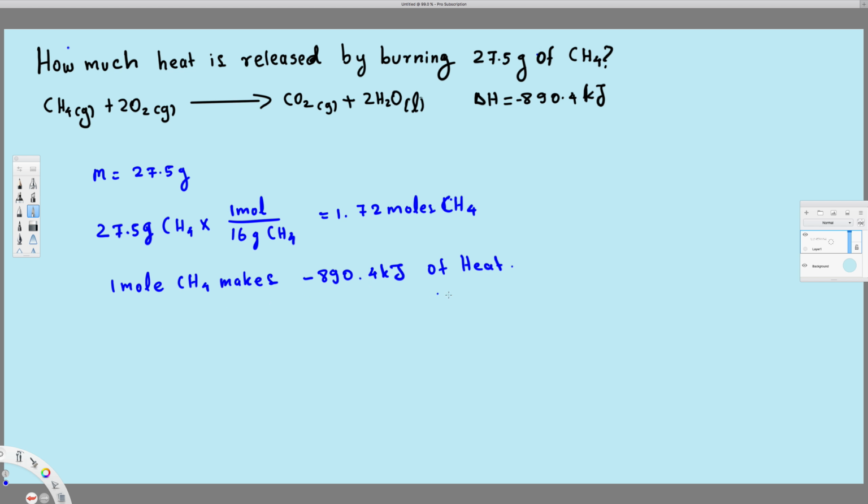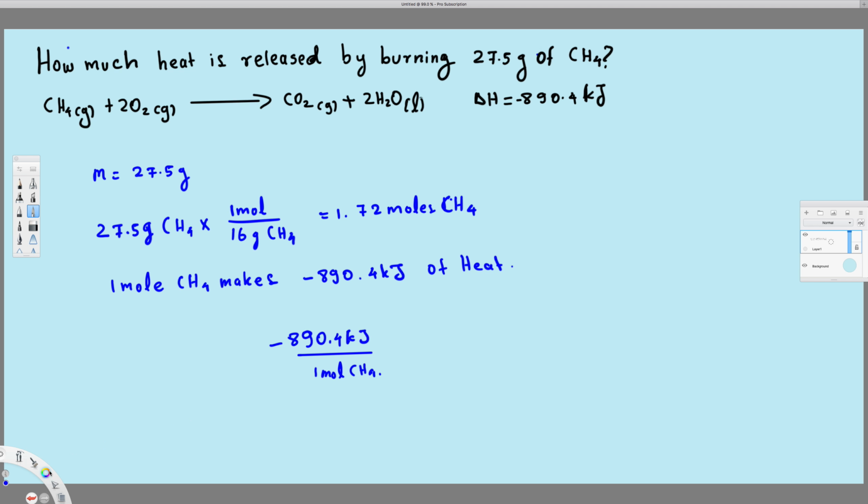We know that this is equal to negative 890.4 kilojoules per mole, right? So let's write this: negative 890.4 kilojoule per 1 mole of CH4. Here we have 1.72 mole of CH4.